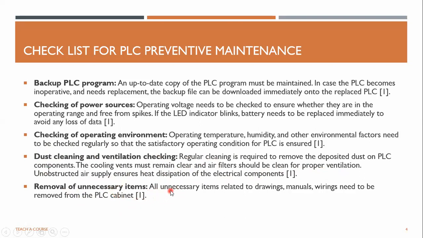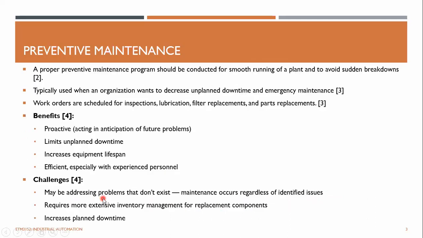That might cause some issues, like if a fire happens, or these papers could burn if they're overheated, getting close to overheated devices, and it could do some damage. So just remove the unnecessary items. If you put a document in the PLC control cabinet, remove that, remove everything and just leave what should be there.